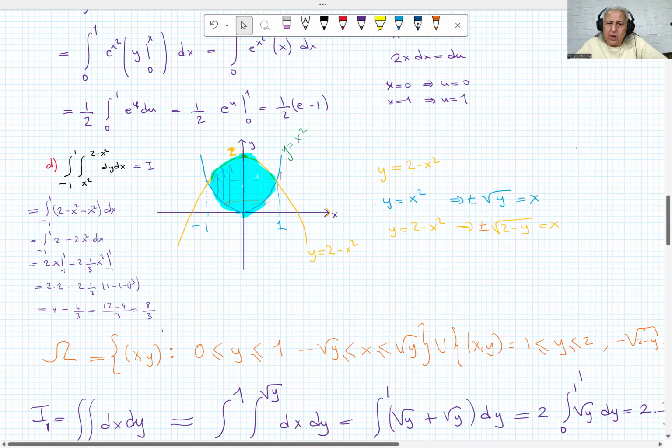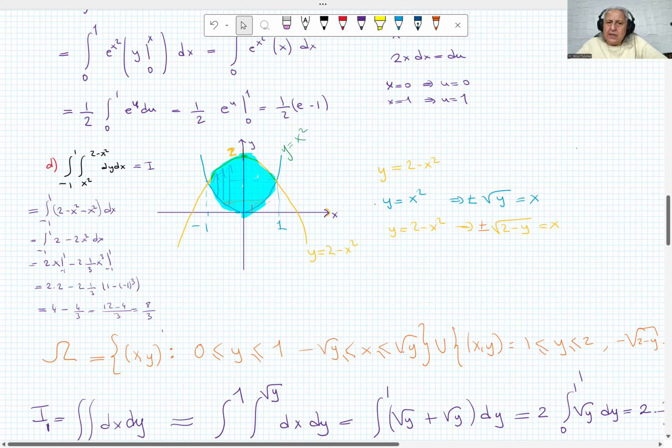y equals x squared is this curve. y equals 2 minus x squared is this yellow curve. So the region is this blue area. And now, since we are reading with respect to x, we are looking from this direction. That's exactly what this region is. So the lower bound is x squared and the upper bound is 2 minus x squared.